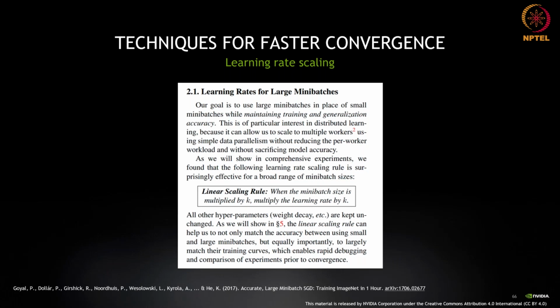The linear scaling rule states as follows. When the batch size is multiplied by k, you should also multiply the learning rate by k. So if your mini batch size is multiplied by k, if you're changing a batch size, in that case, your learning rate should also increase by k. And that is the observation inside this particular paper.